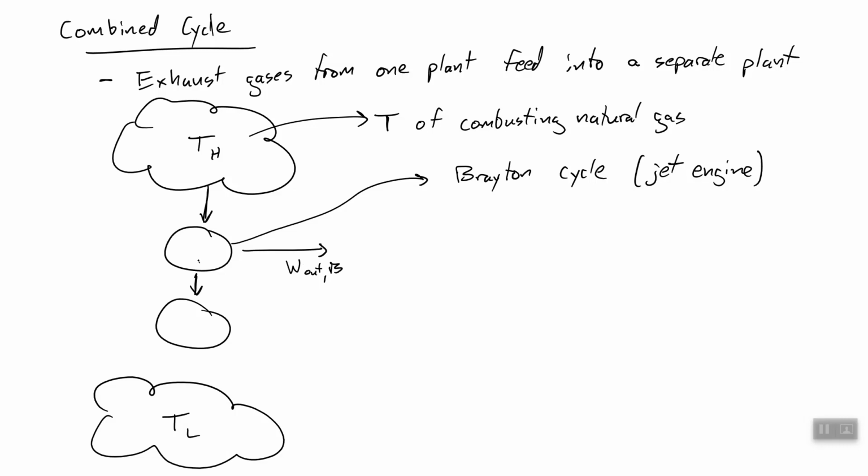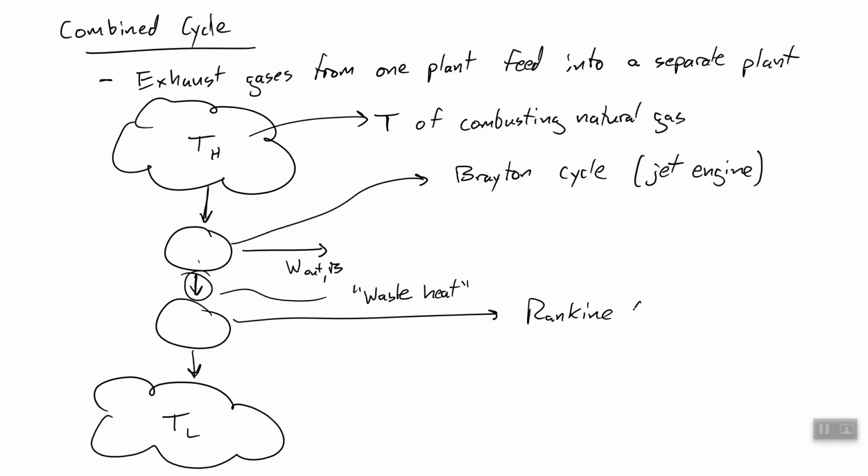But then, right here, this waste heat feeds right into the boiler of a Rankine cycle. So instead of burning coal to generate heat in a boiler, we use only exhaust gases, the waste heat from our Brayton cycle, to power our Rankine cycle.